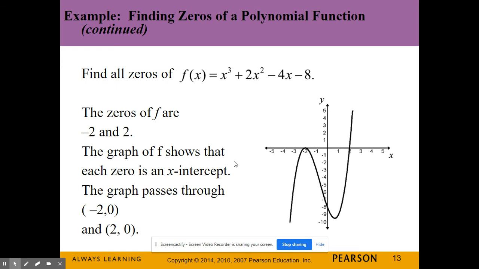This is what the graph looks like. Notice how for the 0 that had a multiplicity of 2, it touches it and turns around. For the other 0 that only has a multiplicity of 1, or no multiplicity, I suppose, it crosses through.